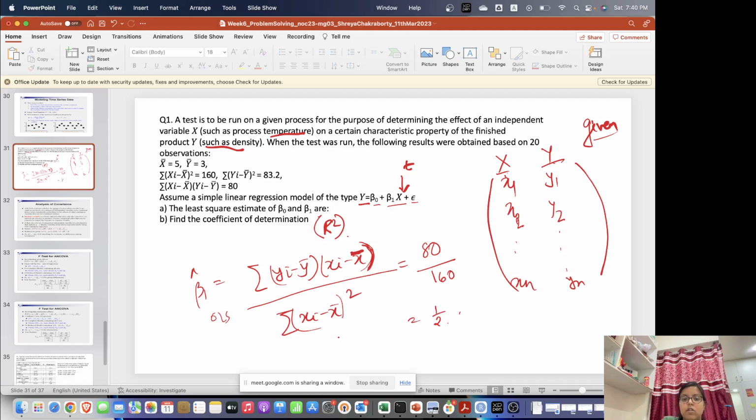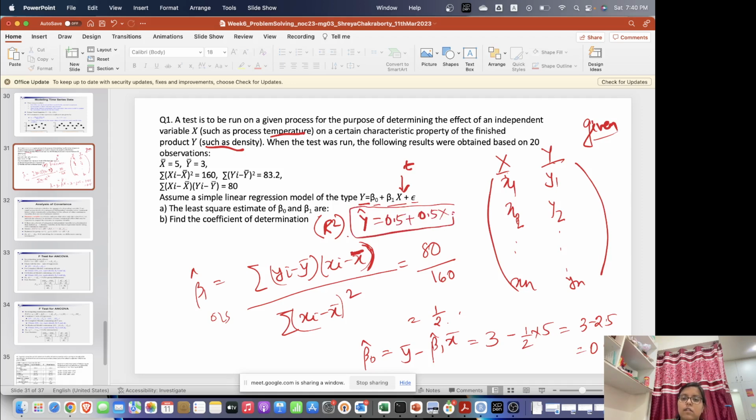Then beta naught hat will be y bar minus beta 1 hat x bar, that is 3 minus half into 5, that is 3 minus 2.5, 0.5. Then the fitted equation is y hat equals 0.5 plus 0.5x.